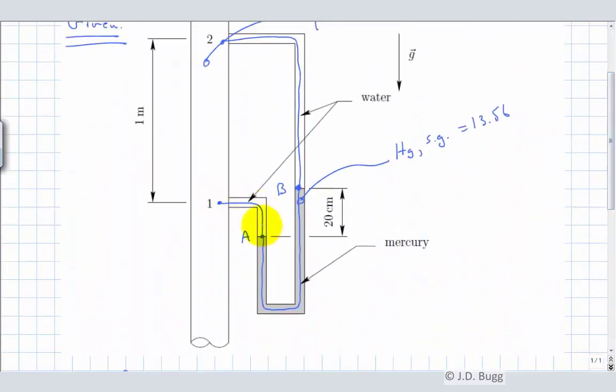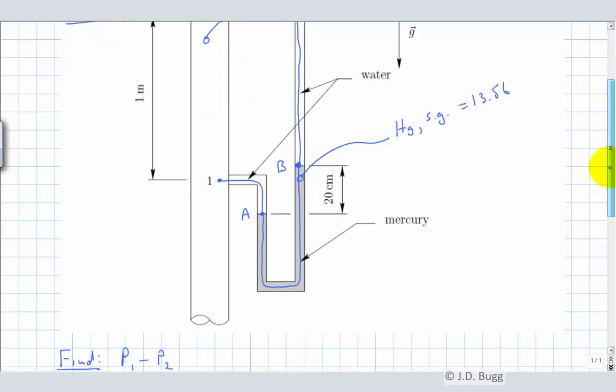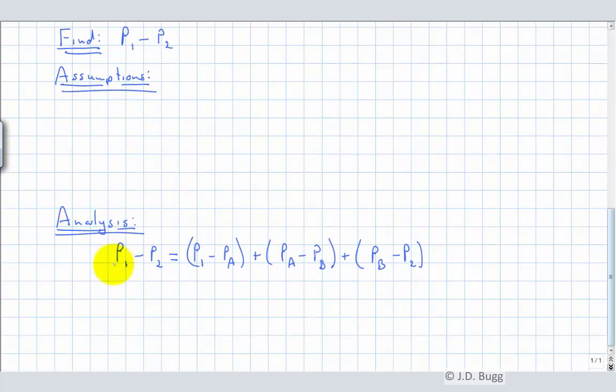So P1 minus PA plus PA minus PB plus PB minus P2 gets us all the way between the 2 points we're interested in, 1 and 2. And notice mathematically, this is just P1 minus P2 also, because PA and this PA cancel, this PB and this PB cancel. Now the reason we've broken it up into 3 steps like this is because the density is different. So now when we go to calculate these pressure differences, each of these terms will have a different density.